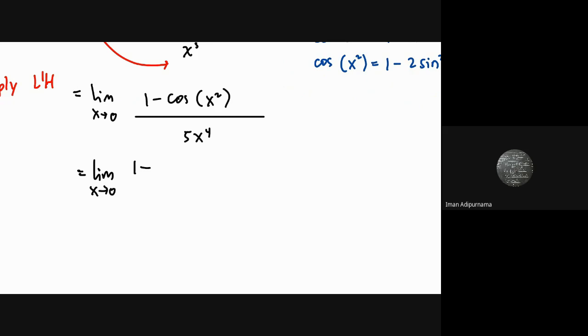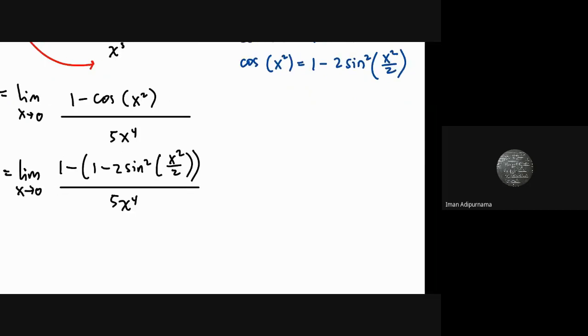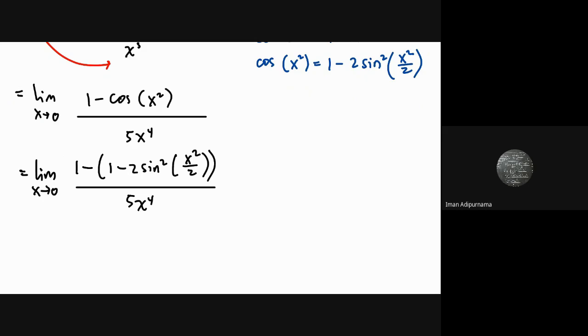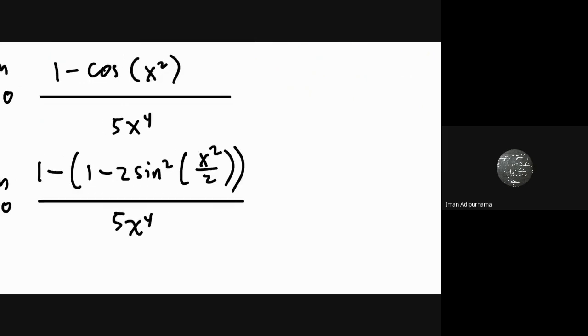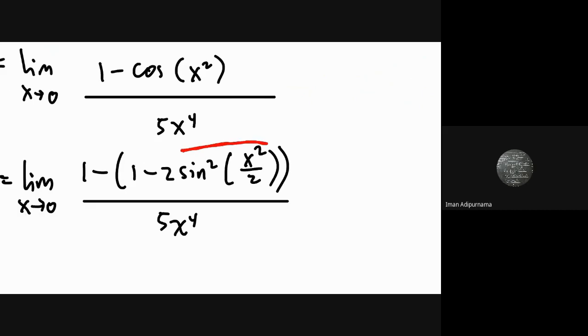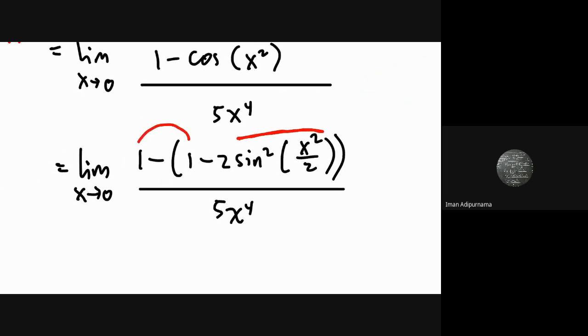So 1 minus 2 sine squared of x squared over 2. Now we have sine squared here, right? This will be cancelled, so this will be positive.